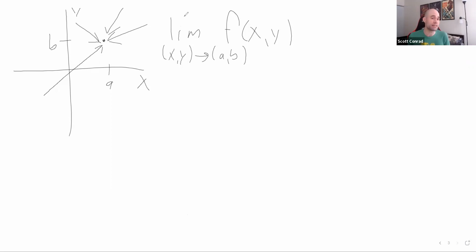And in fact, it's much nastier than it looks. There aren't just infinitely many straight directions. We can approach along different curves. We can do all sorts of ridiculous things, and these could, in theory, yield different limits.